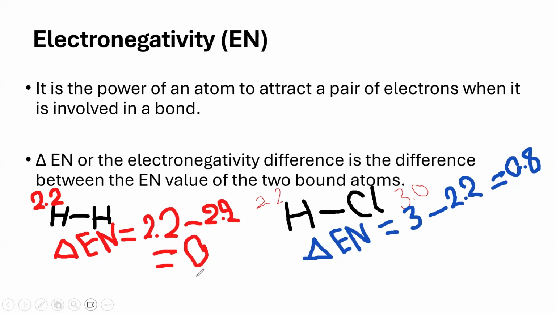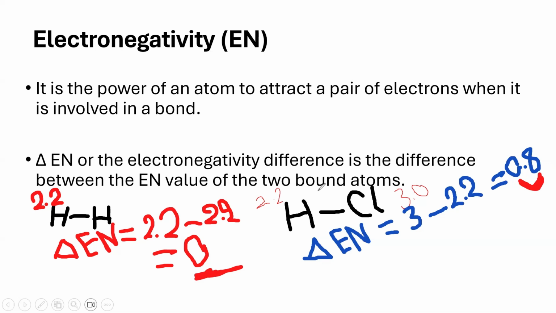And when the delta electronegativity, or the electronegativity difference, is 0, it means that they share the pair of electrons equally, and this bond is a pure covalent bond. While a value other than 0 means that there is an unequal share between the pair of electrons.